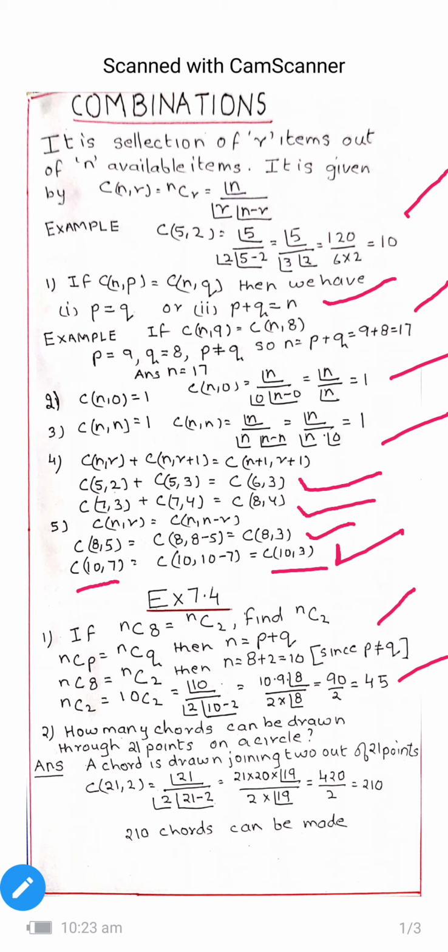This can be written as 21 into 20 into factorial 19 upon 2 into factorial 19. Factorial 19 gets cancelled out. We are left with only 21 into 20, that is 420 upon 2, 210. 210 chords can be made.